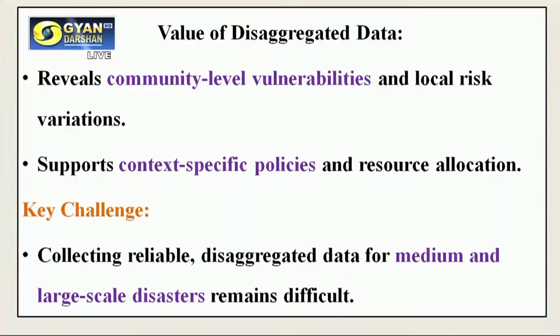However, there are various challenges. For example, calculating accurate and disaggregated data for medium and large scale disasters is not easy, because large scale disasters are more complex and data collection is very difficult.